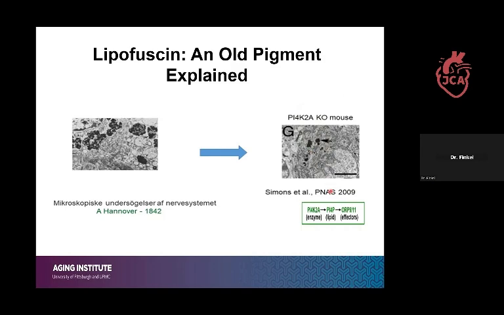But we believe that this potentially explains Professor Hannover's early observation, and suggests that this PIT pathway may be really important for regulating age-dependent decline in the lysosome. We're obviously now making conditional mouse models to see if we can understand that a little bit better.